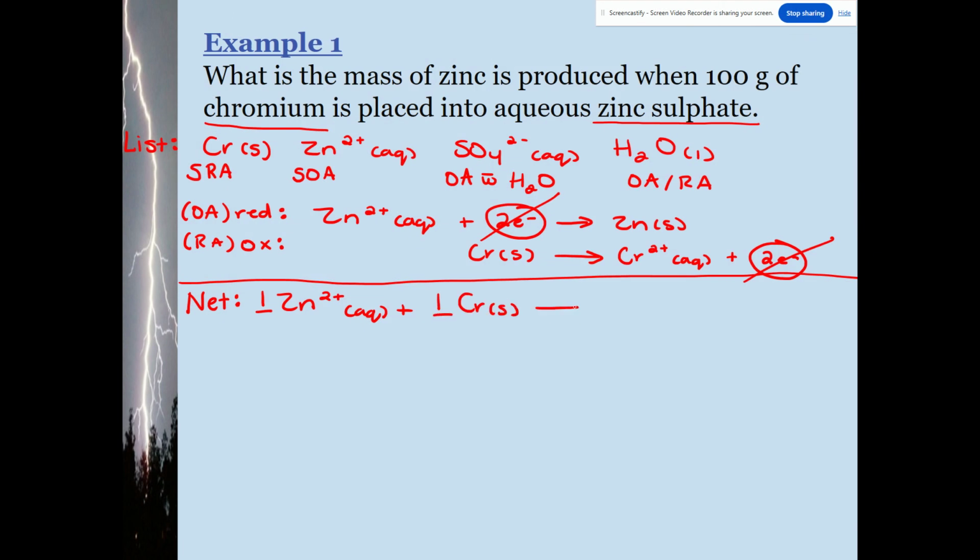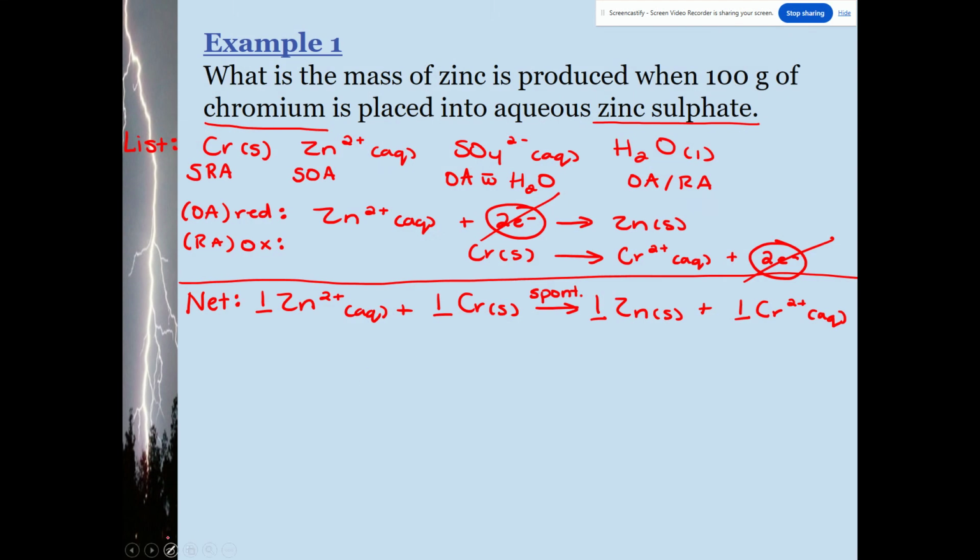Do you have to put the ones? No. But I'm going to, because for stoichiometry, you need balancing coefficients. If there is no balancing coefficient, it implies 1, but I like to show it. Okay? This is a spontaneous reaction. Don't forget to include spontaneity when you're writing the net redox reaction.